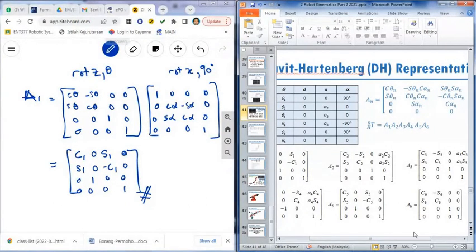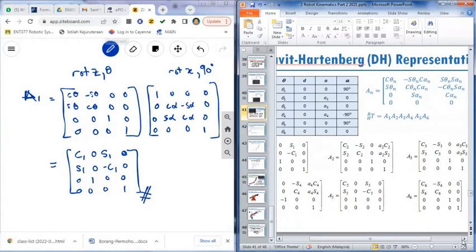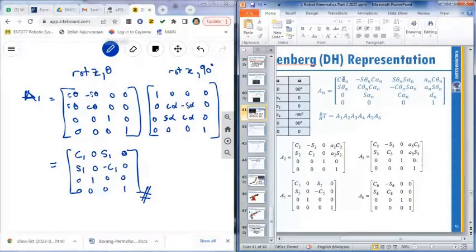So you get this single 4 by 4 matrix. This single matrix you can put into your robot controller to calculate the position of your end gripper or end tool.